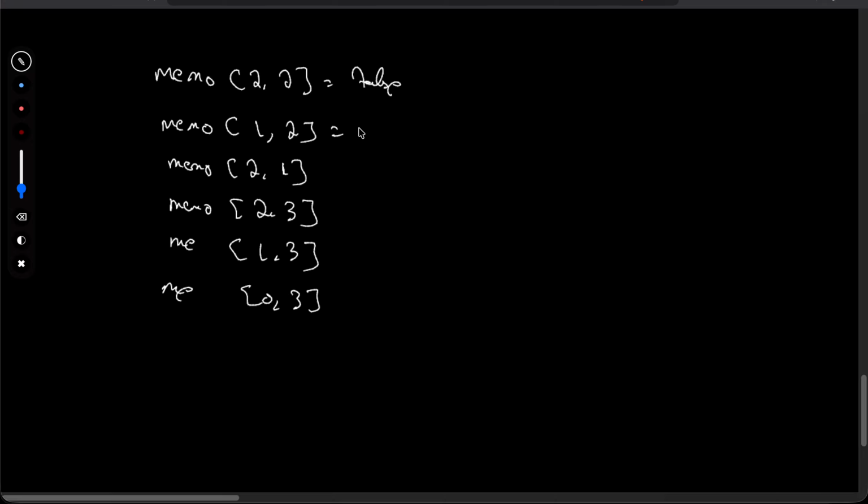So it was true, it was false, and it was true. This was also true, and this was also true. Memo stores index and remaining target. So not numbers, not the subset, only the state result.